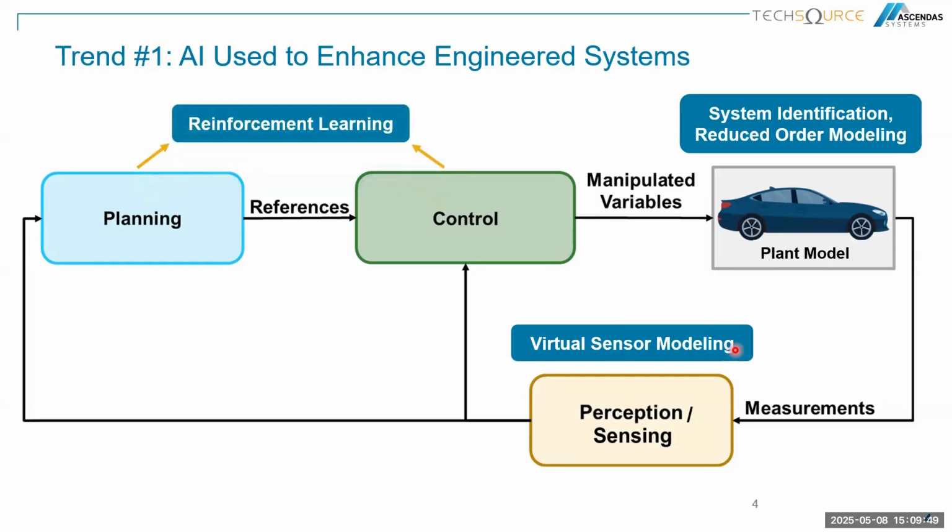The third one is that we can use a technique called reinforcement learning for planning and controls. We train an agent through repeated trial-and-error interaction between the agent and the environment.